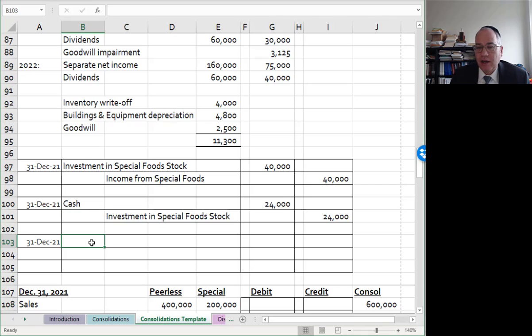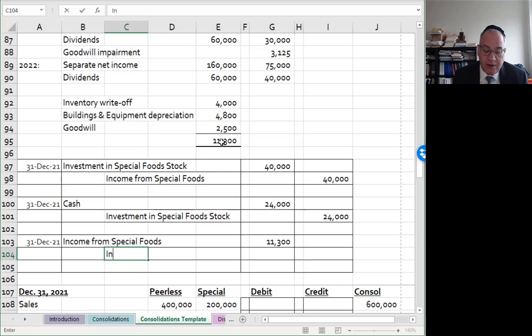So we need to reduce this income. I don't debit cost of goods sold, depreciation, or impairment of goodwill, because on the parent's books, all of the income from Special Foods appears in this one account, income from Special Foods. Since I recorded $40,000 in income from Special Foods, now I need to reduce it by the additional expenses, which in this case are $11,300.